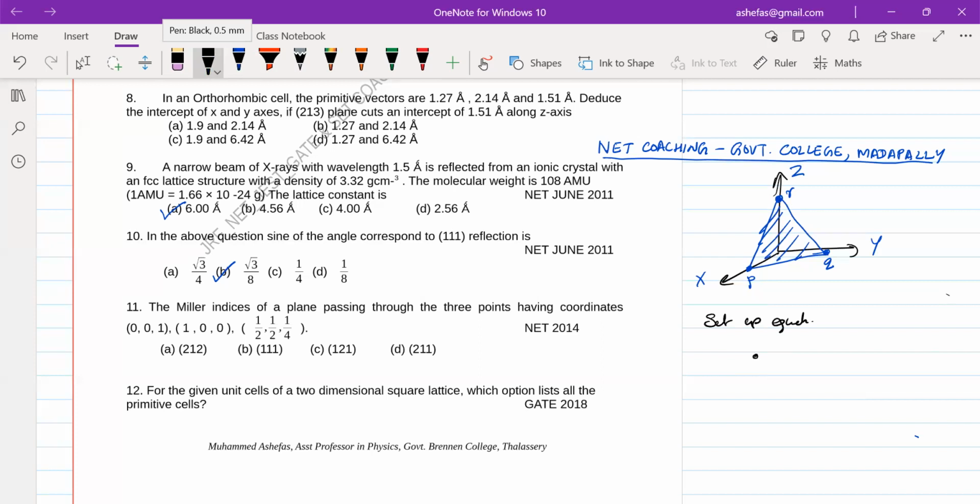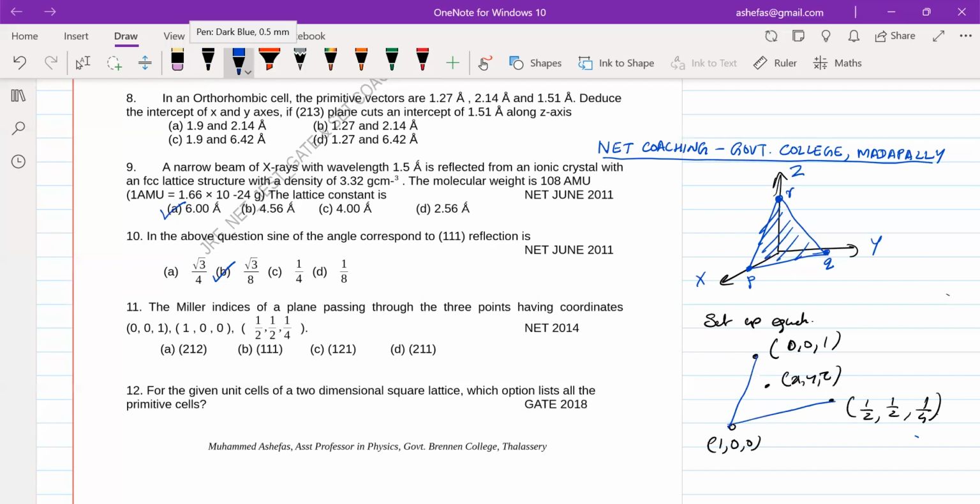Okay, so this has 3 points: 0, 0, 1, 1, 0, 0, and 1 by 2, 1 by 2, 1 by 4. So let it have a general point x, y, z. All these points are in a plane.